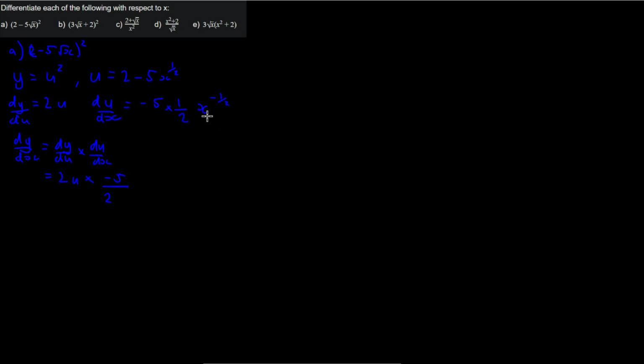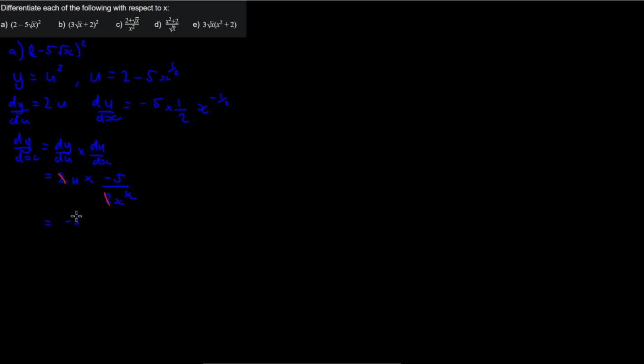Index laws allow us to put that on the bottom of the fraction with positive powers. Now the u, that's obviously this term here, so let's write it in terms of the original form. 2 times negative 5. Oh, hold on a second, I could cancel out that 2 and that 2. Bam, they're gone.